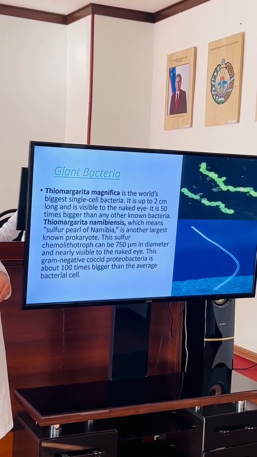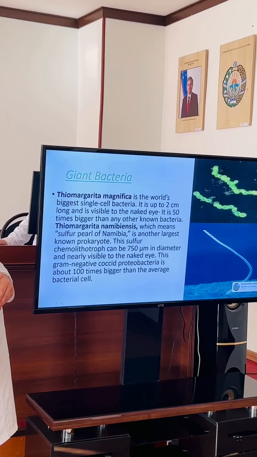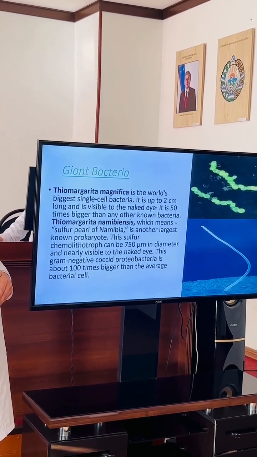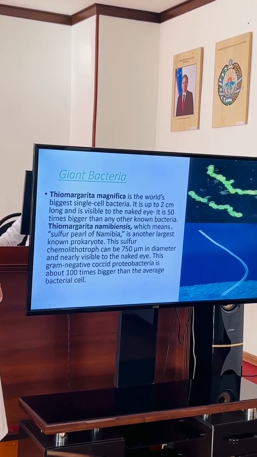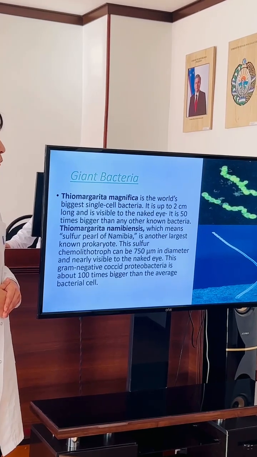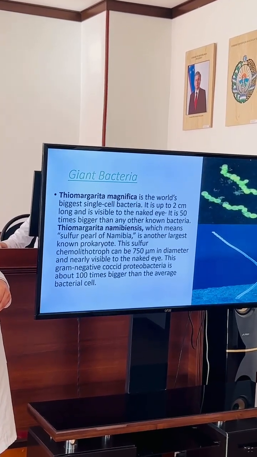One of the giant bacteria is Thiomargarita magnifica, the world's biggest single-cell bacterium. It is up to 2 centimeters long and is visible to the naked eye.